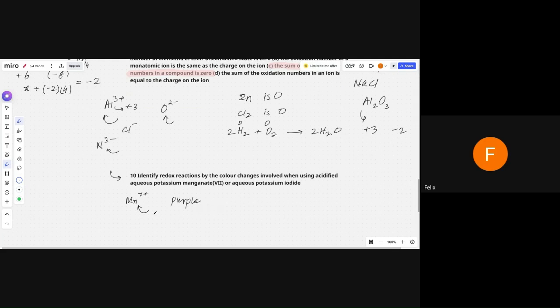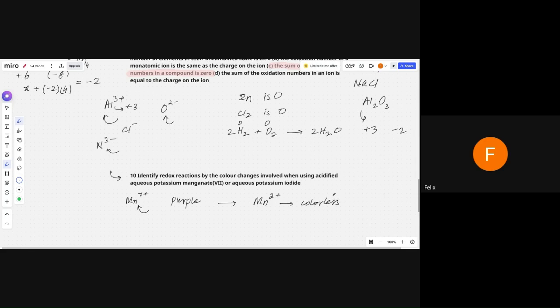When it changes, it is reduced. It gains electrons and becomes 2 plus. How many electrons did it gain? 5. It gained 5 electrons, and the oxidation number decreased from +7 to +2. Now this ion has a different color: Mn 2 plus is colorless.